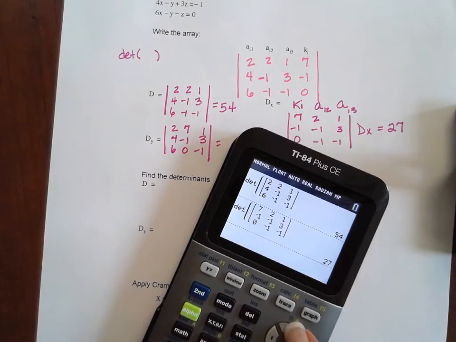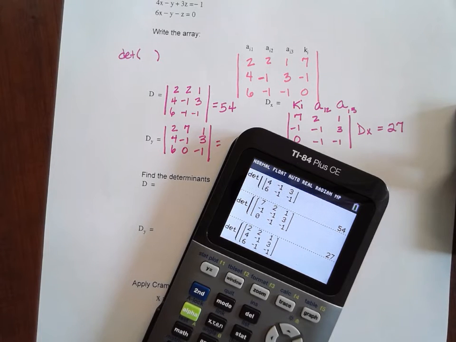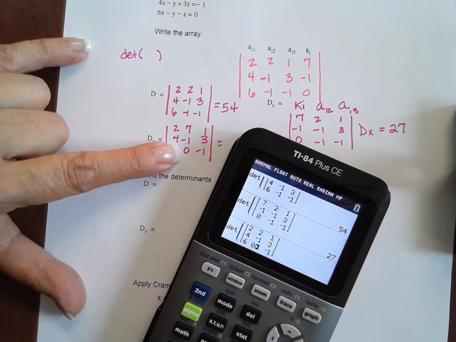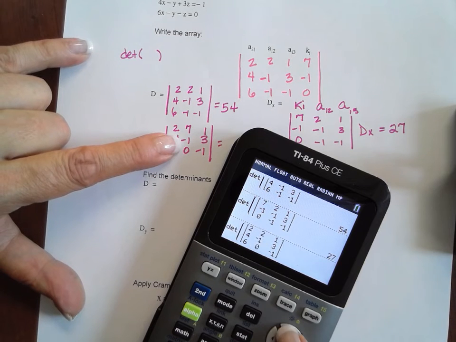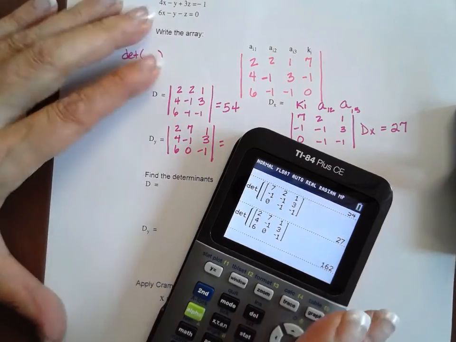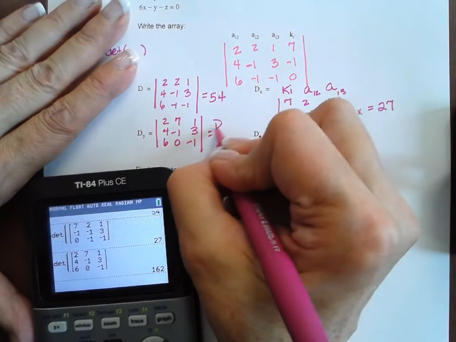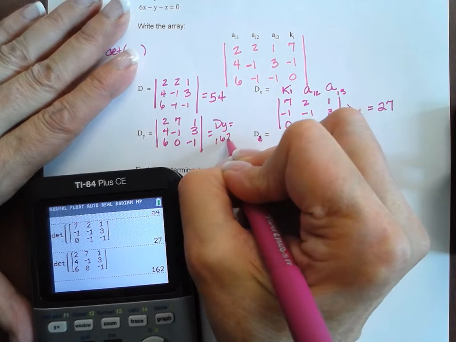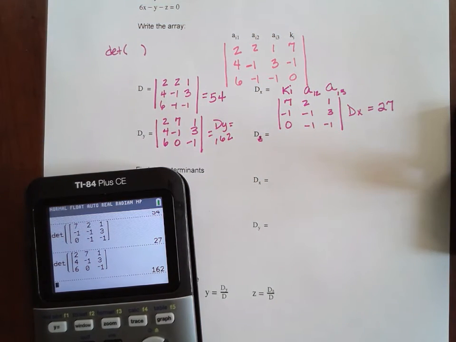And again, I'm just going to copy the original, so I only have to change my y column. And I get that the D of Y is equal to 162. Everybody with me on this?